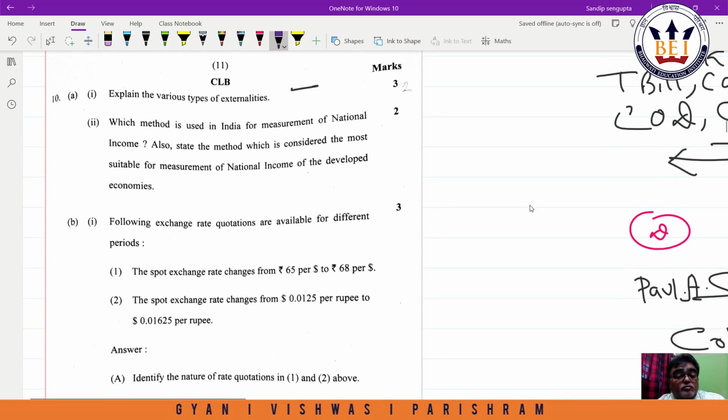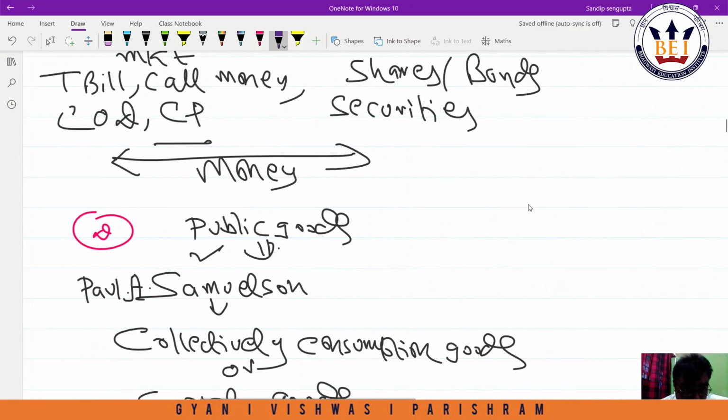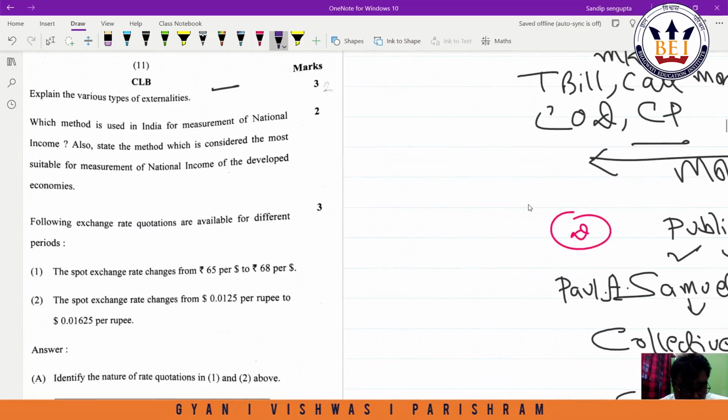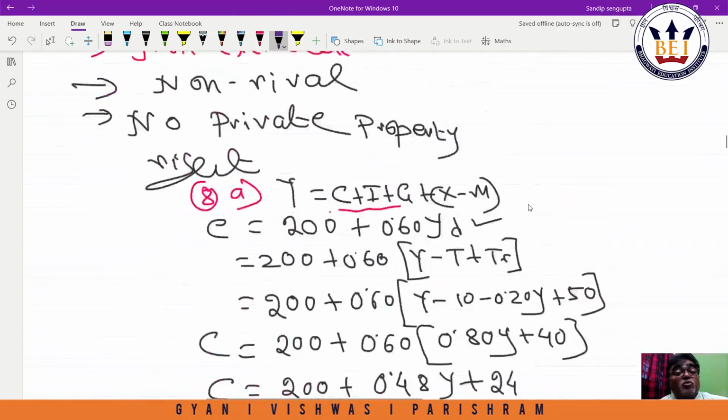10A2. Which method is used in India for measurement of national income? Also state the method which is considered the most suitable for measurement of national income of a developed economy. Another lovely question, 10A2.